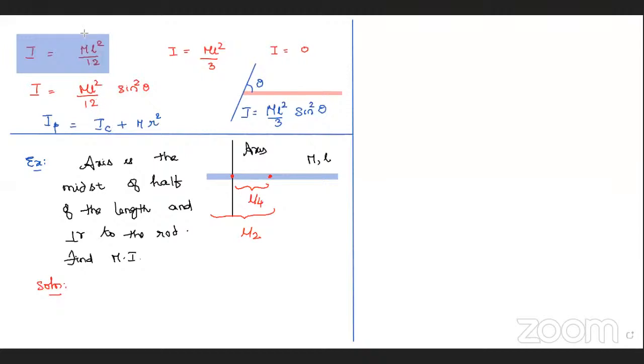This is the inevitable condition. I should not take the axis passing through one end. That's why I asked you to say the distance from the center. I think this is I_C, and that I_C, all of you know, passing through the center and perpendicular to its length is ml square by 12.